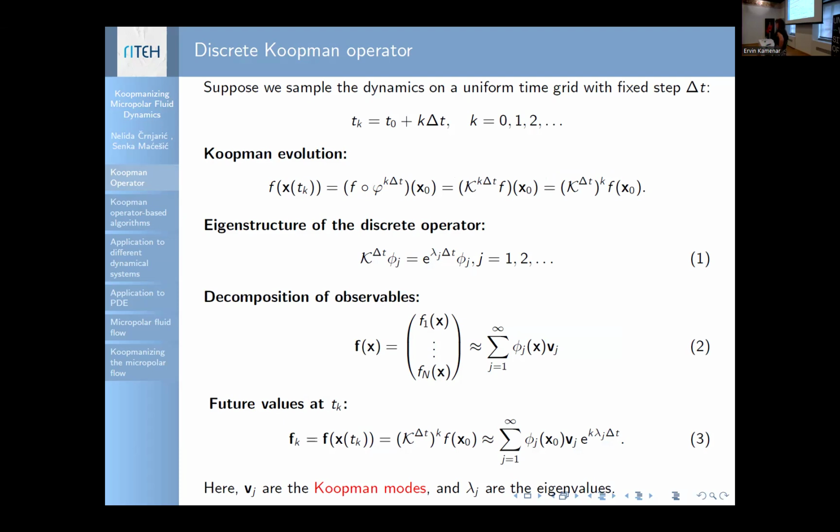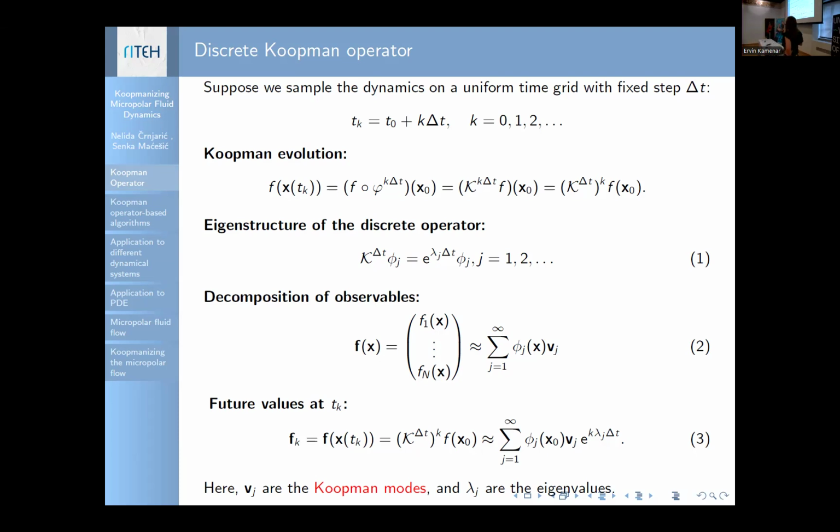If we know the eigenstructure of this Koopman operator, the eigenfunctions and eigenvalues, which we denoted here by lambda j, these discrete time eigenvalues, we can determine the future values of the observable if we know its expression in terms of these eigenfunctions.